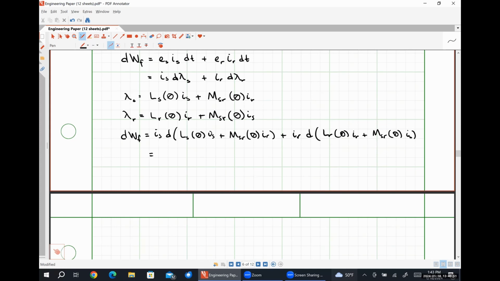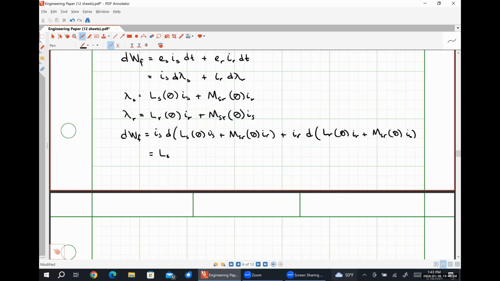And this can be written as LS as a function of theta times IS, the derivative of IS, plus LR as a function of theta, IR, change in IR, plus MSR as a function of theta times the change in the product of IS and IR.